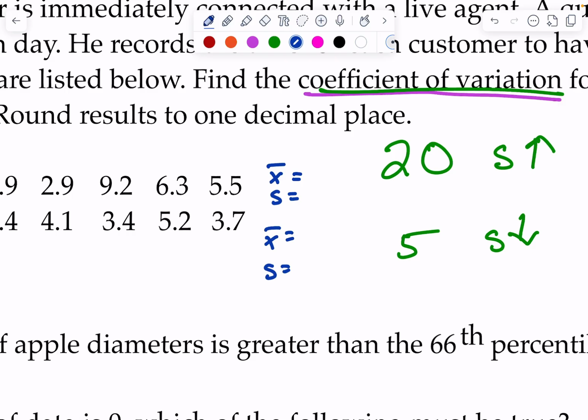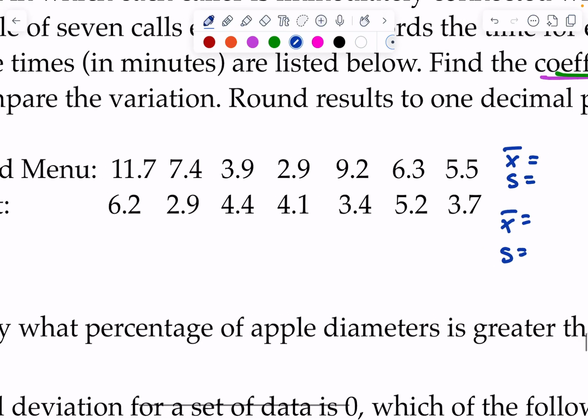Okay, so I'm putting these into my calculator. Let me go first set. 11.7. I would, if I were you, do this and figure out how to do this. Remember how to calculate standard deviation on the calculator. 3.9, 2.9, 9.2. 6.3 and 5.5. 1, 2, 3, 4, 5, 6, 7, I think.